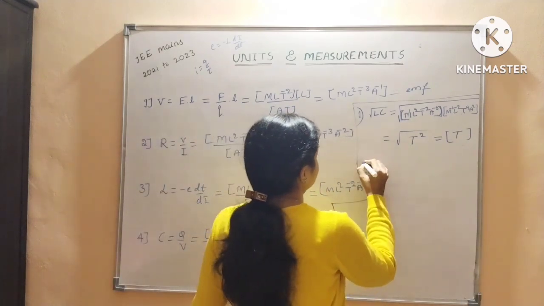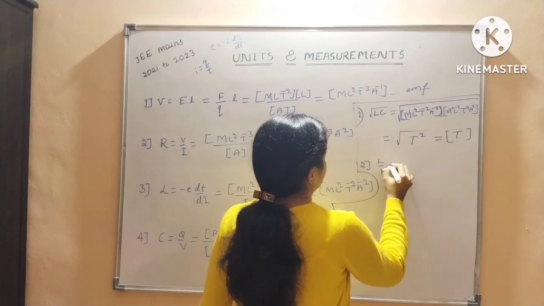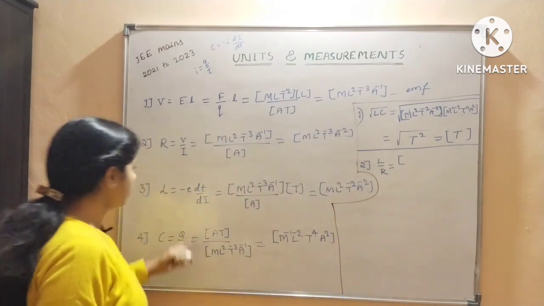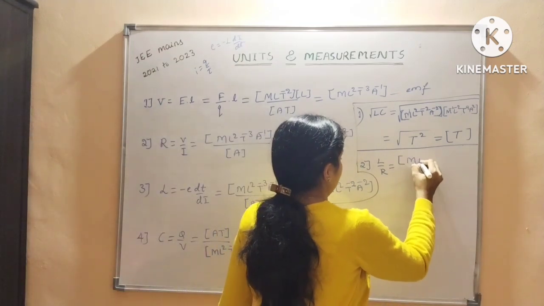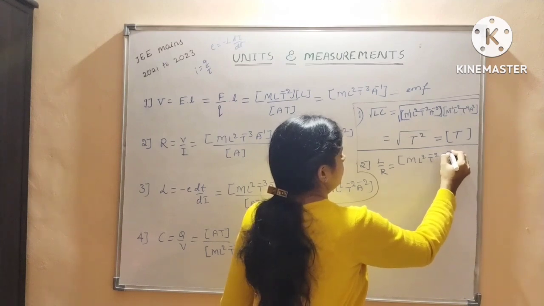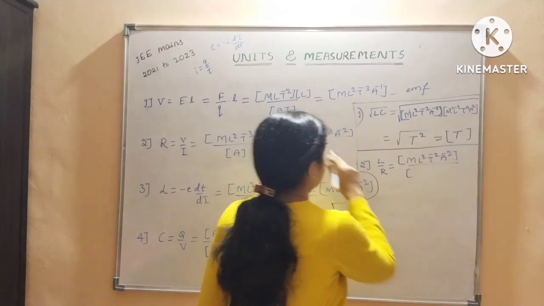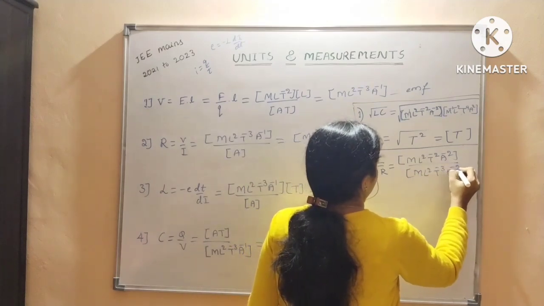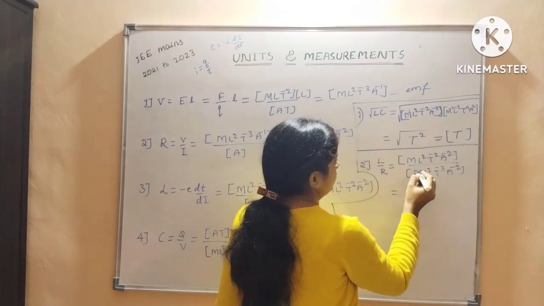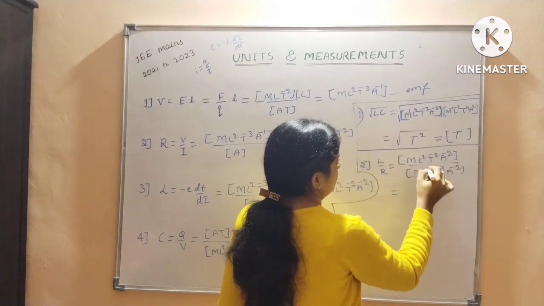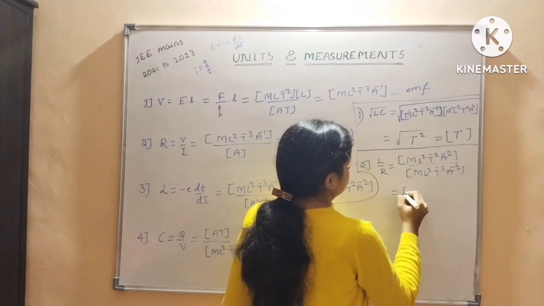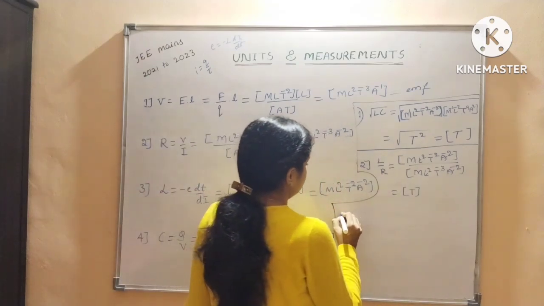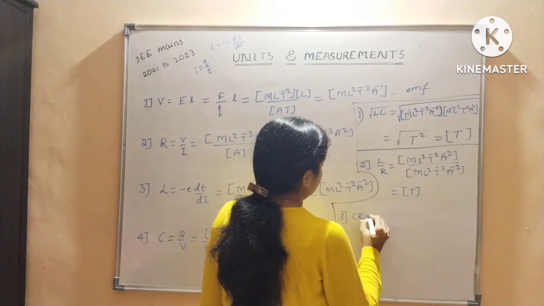Go for next option, second option, that is L by R. What is the dimension of L? Dimension of L, ML square T power minus 2 A power minus 2 by R, the resistance, ML square T power minus 3 A power minus 2. Here M cancels, L square cancels, A power minus 2 cancels, remaining is T. Check for third option, CR.